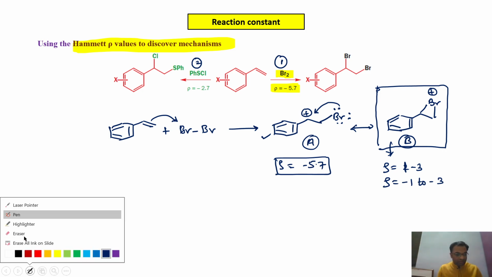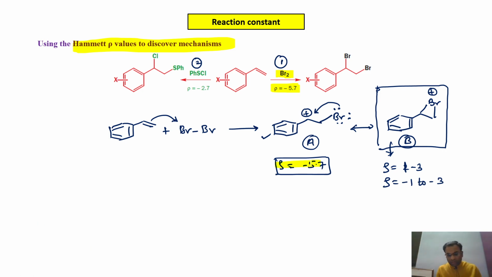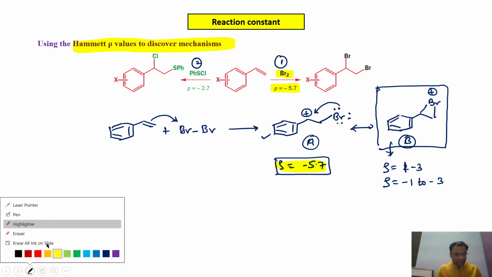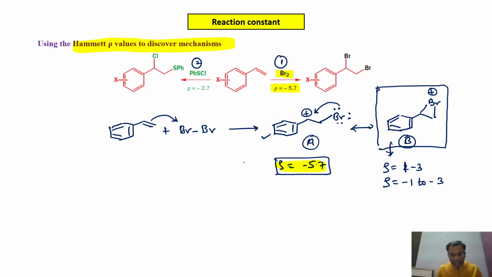But experimentally we have a rho value of -5.7. It clearly indicates that in this reaction no cyclic bromonium formation takes place, and the reaction occurs via formation of a carbocation rather than a cyclic bromonium ion. So in this way, we have a dibromo derivative.